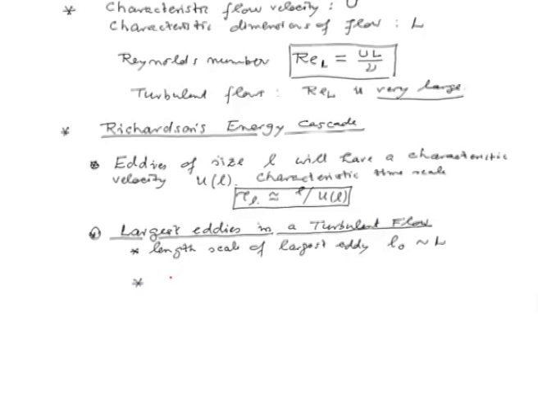How about velocity? Or what we call the characteristic velocity of these largest eddies. So, the velocity scale, which we will call U of L0, can we obtain an estimate of this velocity? For that, we have to look into two parts of the turbulent flow.